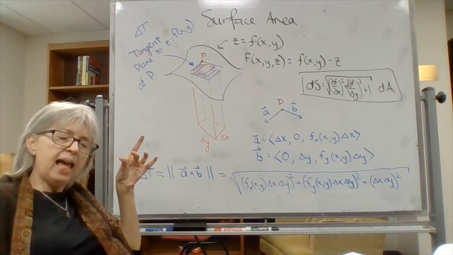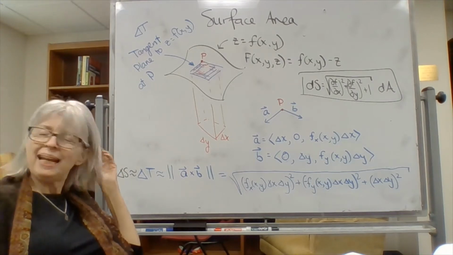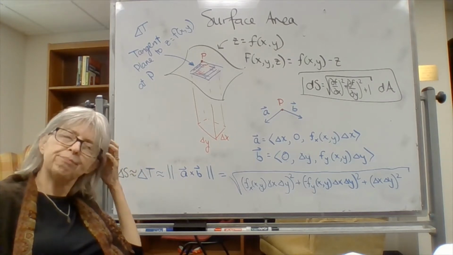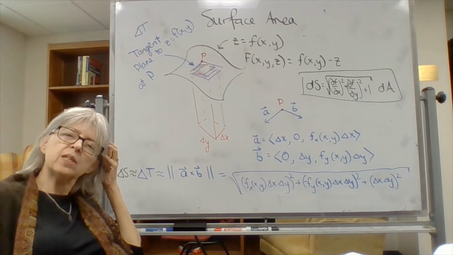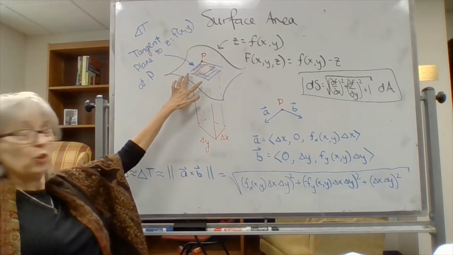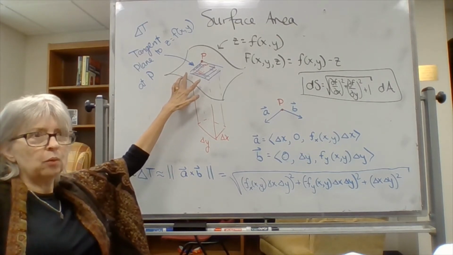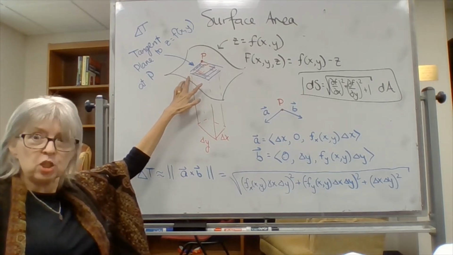If I slice my space up into tiny enough little chunks, slice my surface up into tiny enough little swatches, those tiny little swatches are going to start to look like planes. Well, more like rectangles in 3 dimensions.